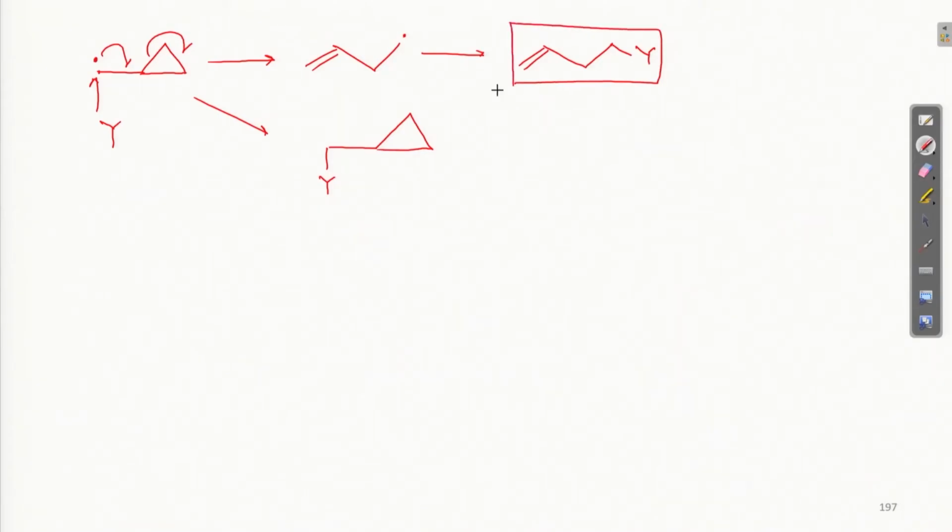The formation of this product immediately tells you that possibly the reaction is going through a radical.